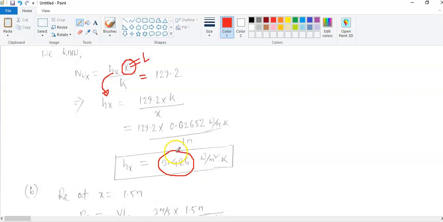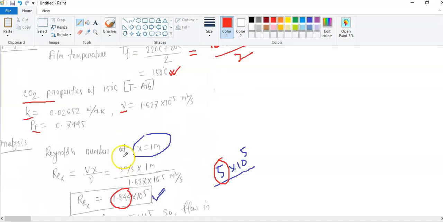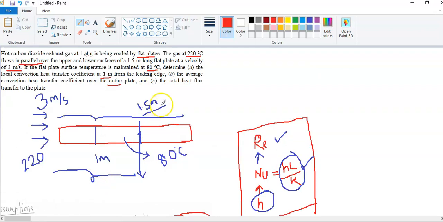So that's the first part of this question. I believe you understand this because we solved a similar problem earlier. So you all know how to calculate the convection heat transfer coefficient, but here we calculated the local convection heat transfer coefficient at x distance. The second part of this question is we need to calculate the average convection heat transfer coefficient.